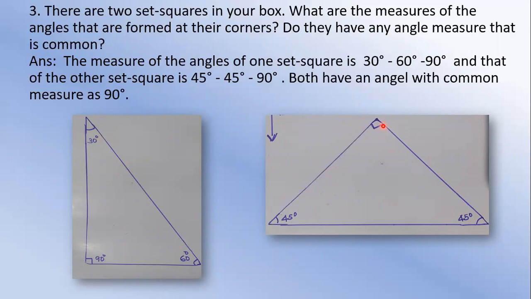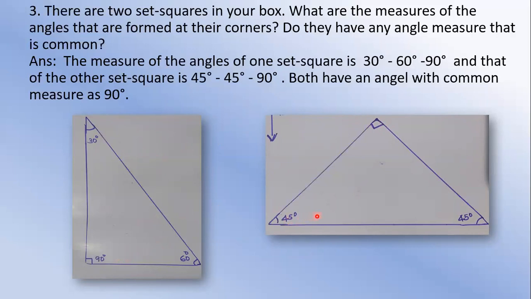And you know, the set squares are triangular in shape. The sum of the measures of all the three angles of a triangle is 180 degrees. That is, you should remember 180 degrees. Here you can see 30 plus 60, 90, 90 plus 90, 180.